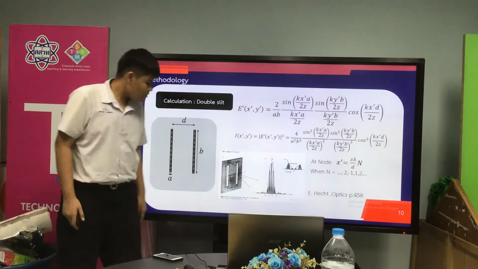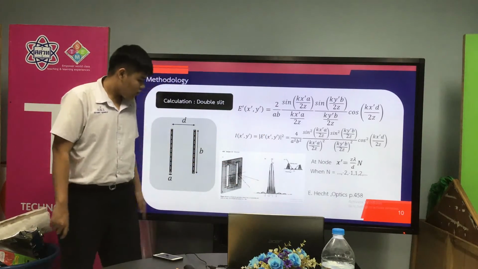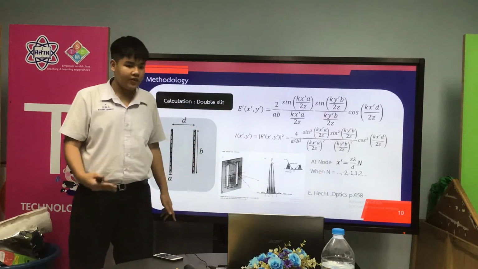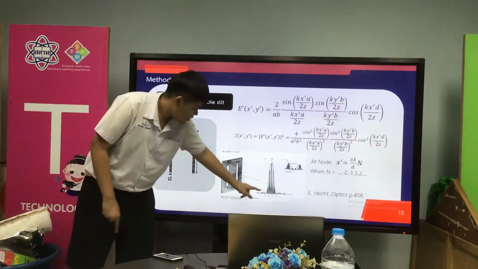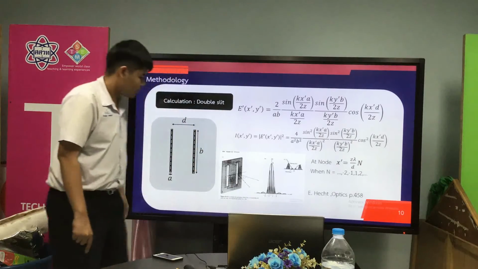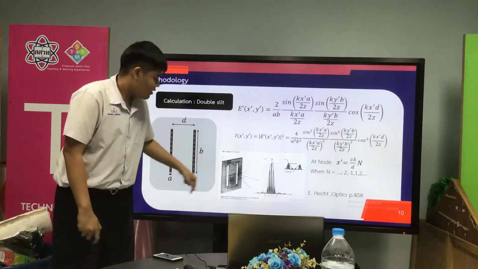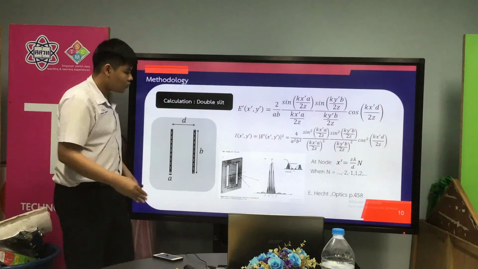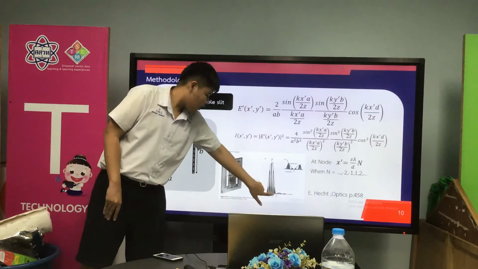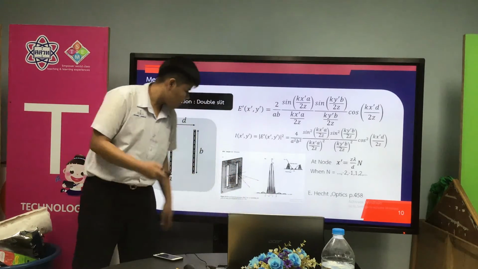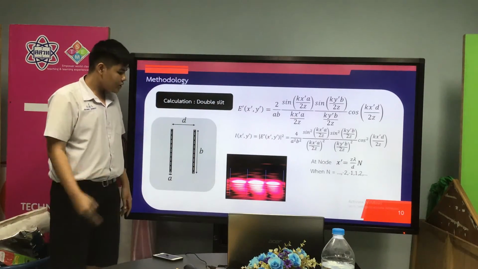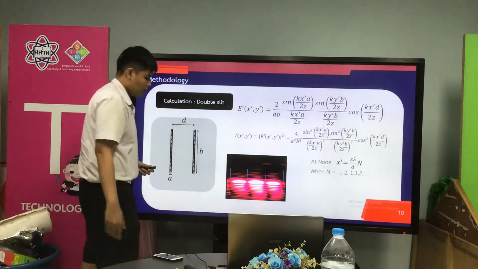When we consider this picture, you will see the cos term, or the interference term of the wave, and the sinc term, the diffraction term, is the side term that is easier to consider. From this picture, I will show you how we collect the result.